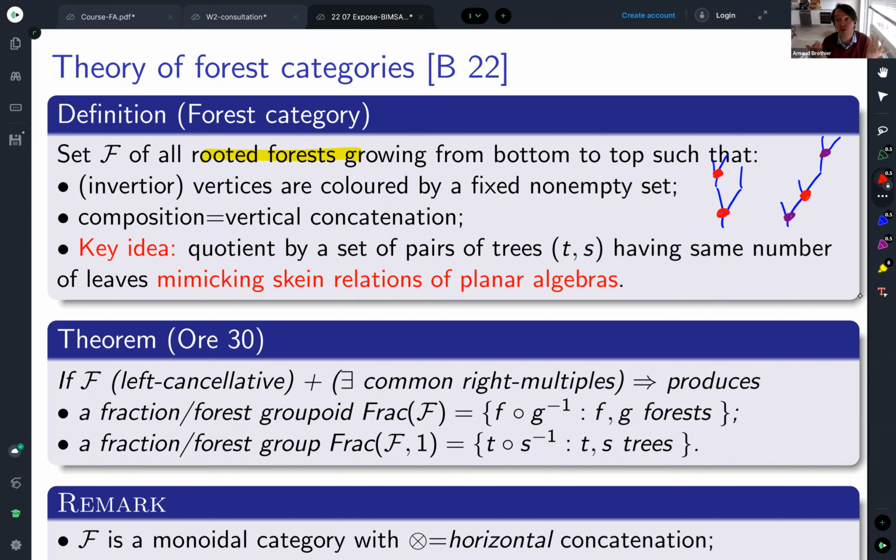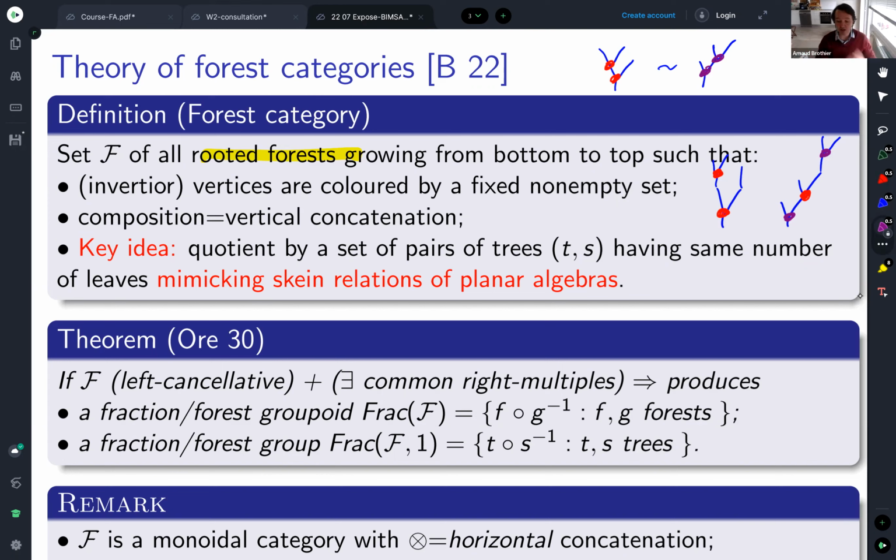Okay, so I'm going to put an equivalence relation. So one example of equivalence relation will be something like that. So if I have two colors, I could declare, well, these two things are the same. Okay, exactly like what you have in planar algebras or in tensor categories.